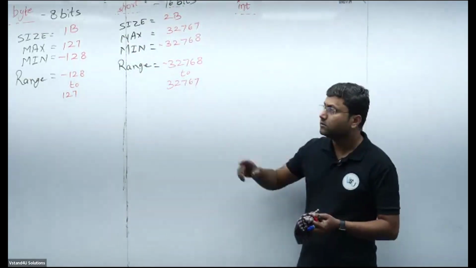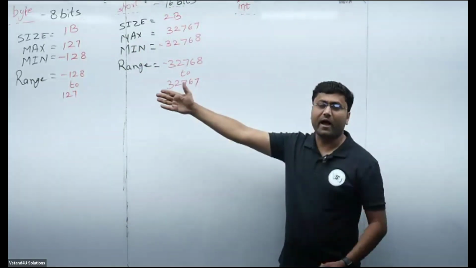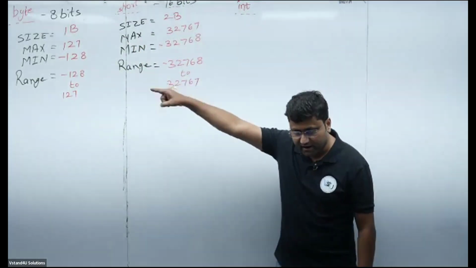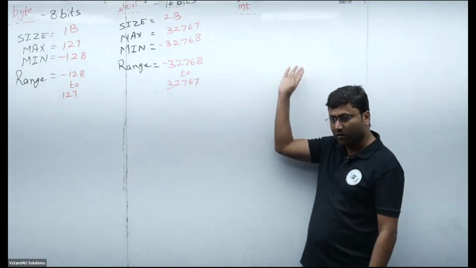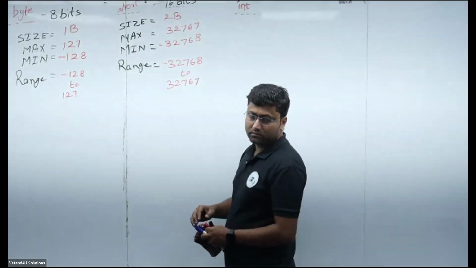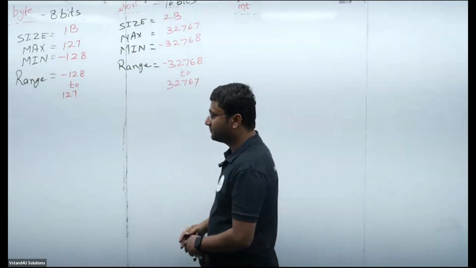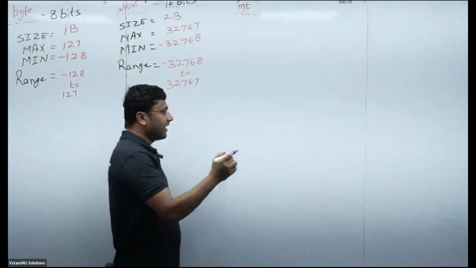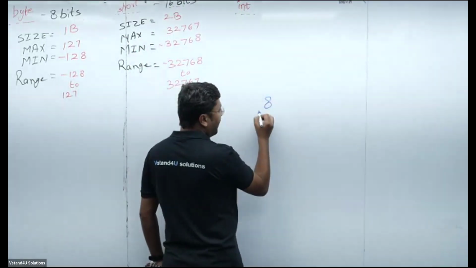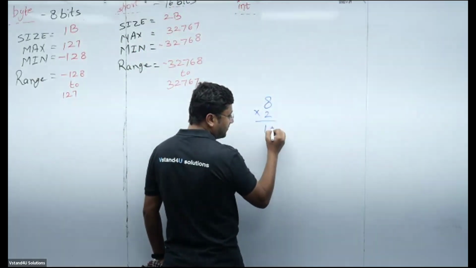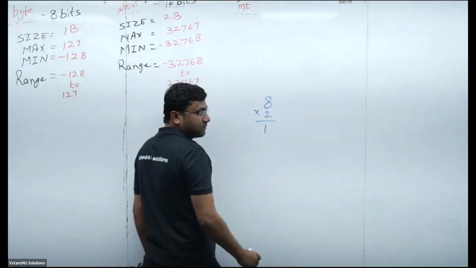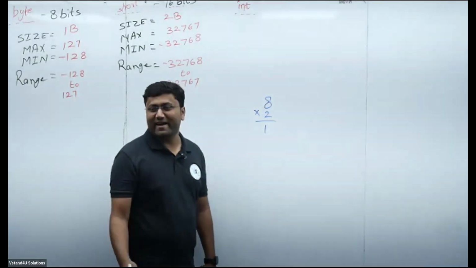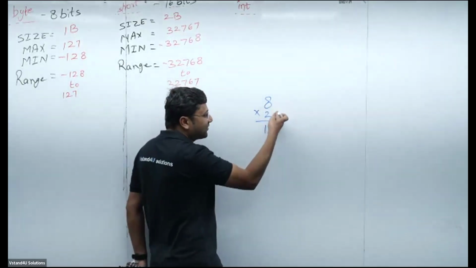How many bits were there? I'm asking you, tell me. How many bits were there? 8. Then now, 16 is the next level of that, already 8 were there. I multiplied by 2. I got 32. 8 into 2, 32, na?